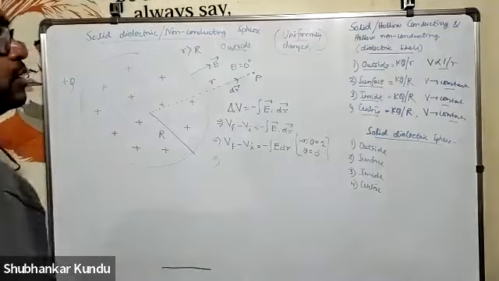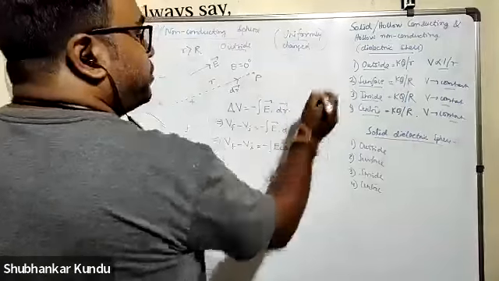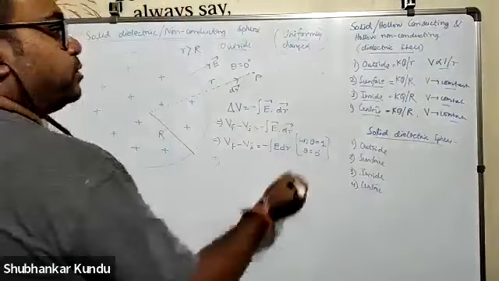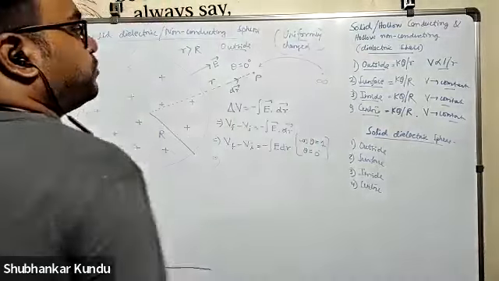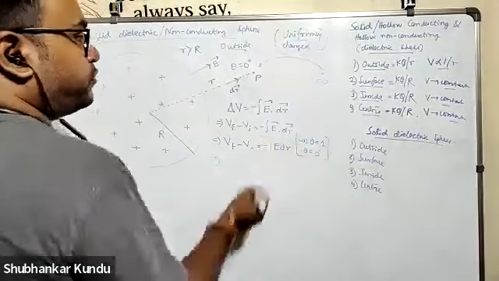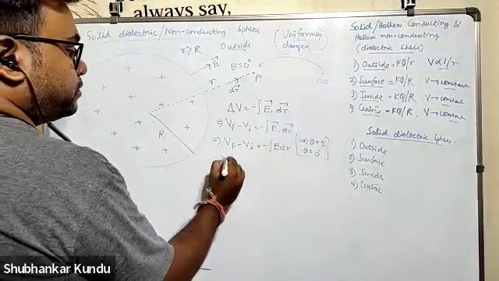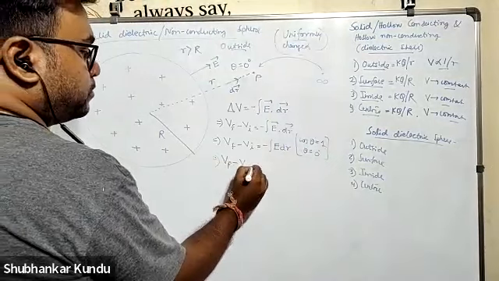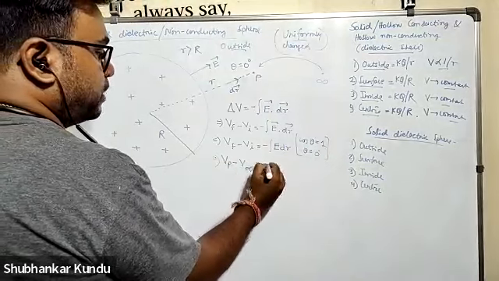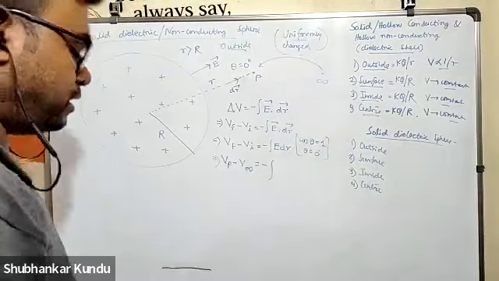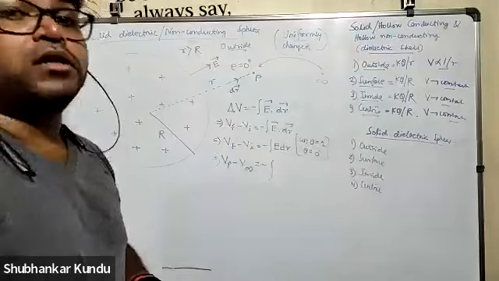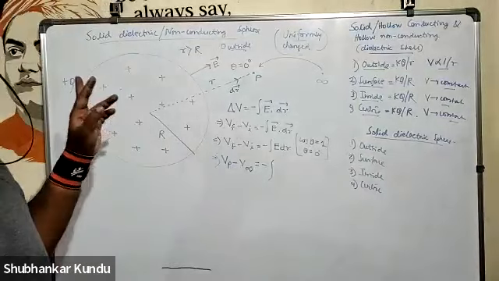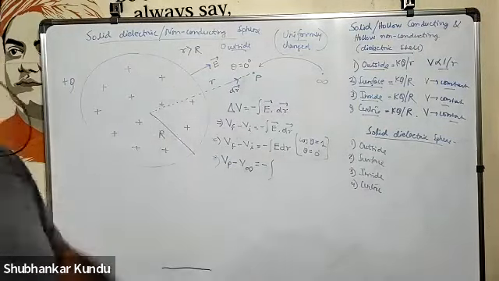What will be the V final? Obviously, we'll be taking a reference point. This time, the reference point is infinity. We'll be bringing a point charge from infinity to P. The initial point is infinity, the final point is P, with minus integration of E dr. Tell me one thing: what is the electric field outside a solid non-conducting sphere?